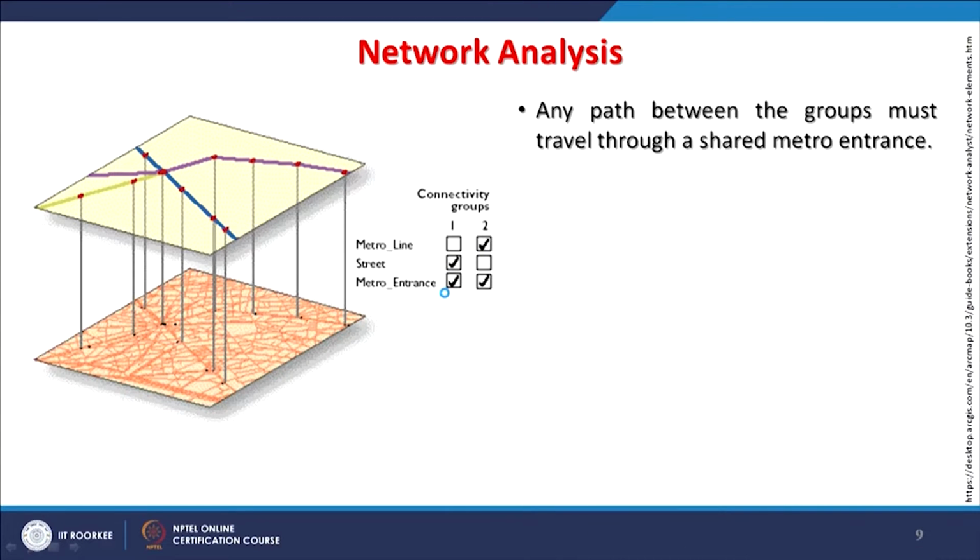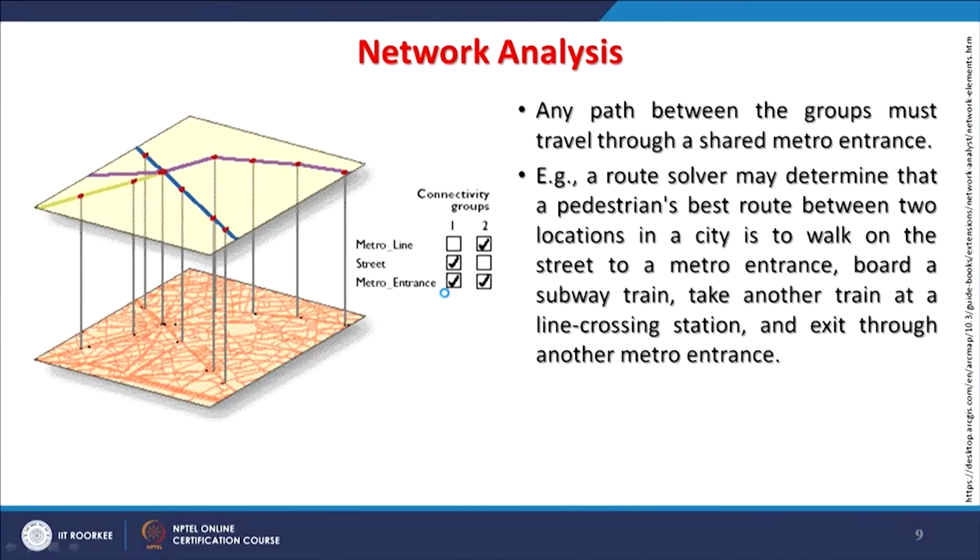Now, any path between the groups must travel through a shared metro entrance. That means if there is another group, then again it has to be connected, then only it will work.